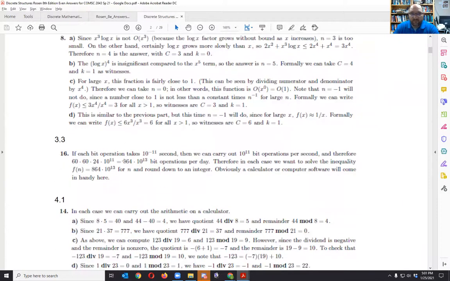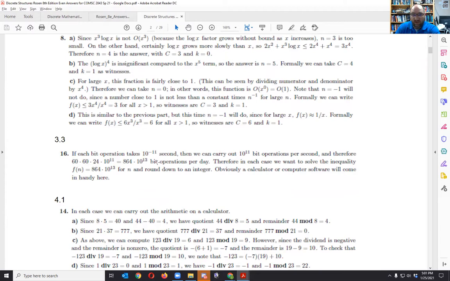All right, so if each bit operation takes this much, we can carry out 10 to the 11th. So 3 is 1,000, 6 is 1,000,000, 9 is 1,000,000,000, 12 would have been 1,000,000,000,000. So this is 100 billion operations per second.